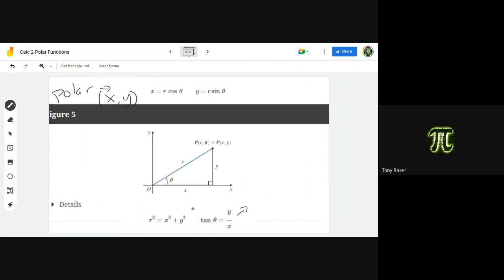If I have XY and I want to go to polar, I'm going to use these down here. So this is XY to polar. Your radius is just the Pythagorean theorem. It's x squared plus y squared, and your theta is going to be the arctangent of y over x because I need to find theta.